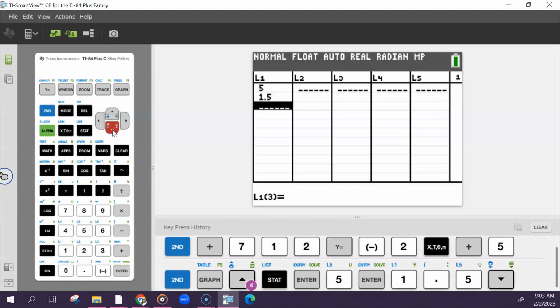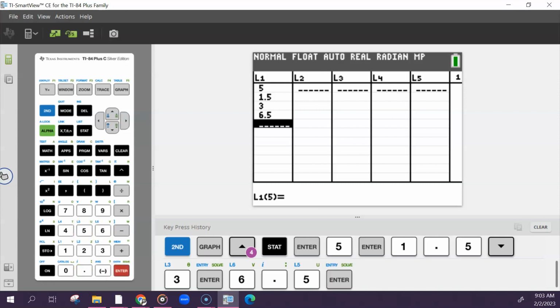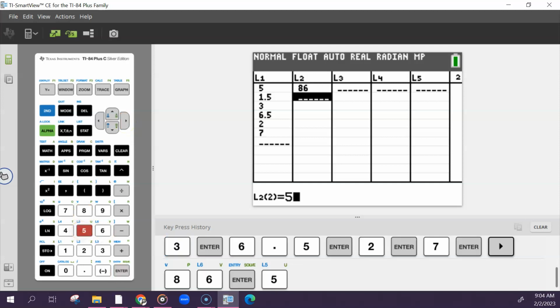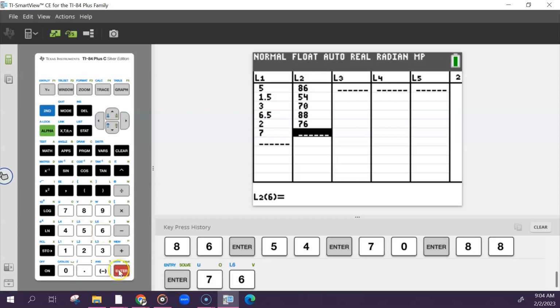So either or, start putting those in for L1 and L2. And once you've done that, look back up here.